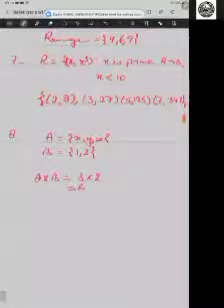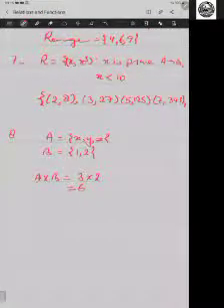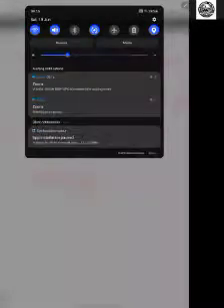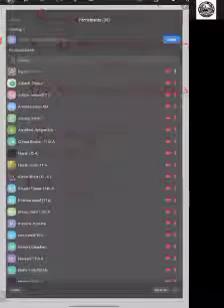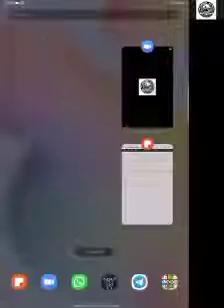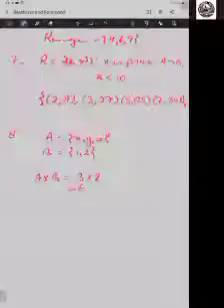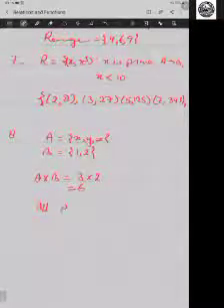Now all possible relations: 2 to the power number of elements, that is 6.